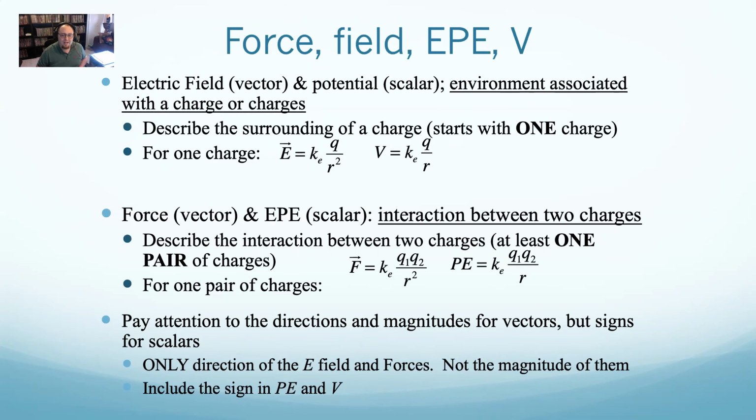If you remember, I kept putting in absolute value signs when solving for electric field and force, and just used the direction by looking at the picture. That's fine. But when solving for voltage and potential energy, you need to worry about the value for Q. Is it positive? Is it negative?